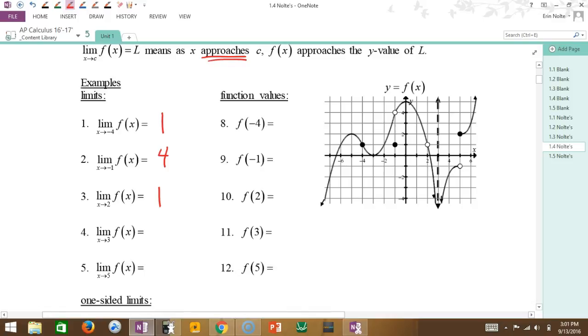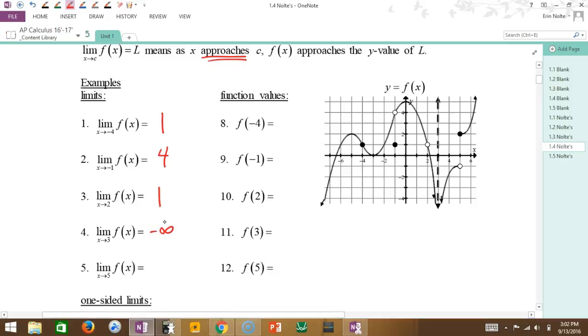Stop me if you're not following this, please. Moving on. The limit as x approaches 3. Do you see how on both sides it's both going down? It's -infinity. Now, there are some mathematicians who would argue with this answer.